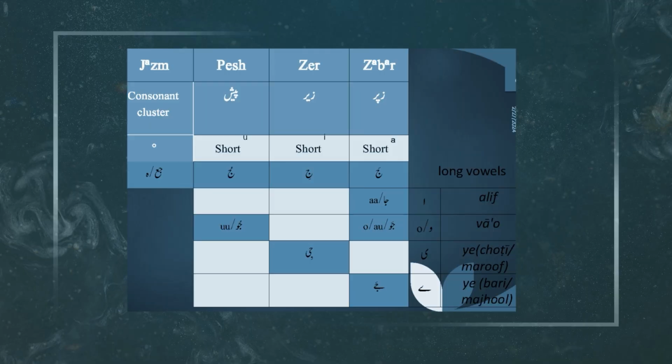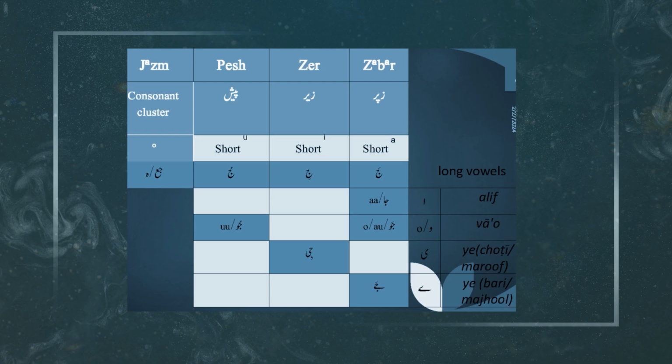We now apply these diacritic markers to the alphabets. We will take the alphabet Jeem. When we apply the diacritic mark Zabar on it, it will sound like Ja. With Zer, it will sound like Ji. With Pesh, it will sound like Ju. And with the consonant cluster, it will come at the end.